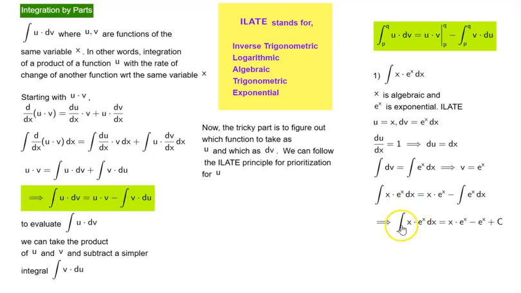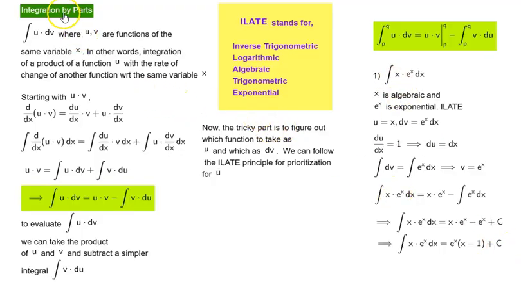So the integral of x times e to the power of x dx is equal to x times e to the power of x minus the integral of e to the power of x, which is e to the power of x, plus c. And here e to the power of x is common to both the terms, so we combine them. So we have the integral of x times e to the power of x dx is equal to e to the power of x times (x minus 1) plus c. So that was one example.